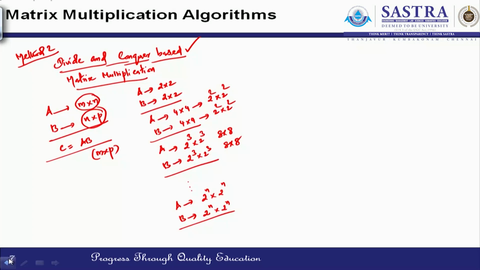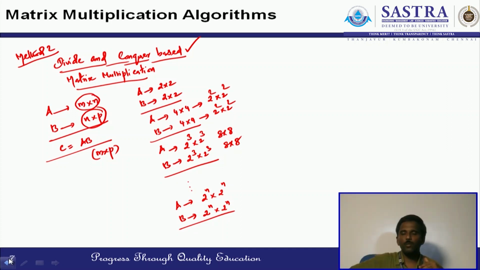Now in the divide and conquer based method, assume that the input matrices A and B are of order 2 power n into 2 power n, same order. In this case, we can easily split the matrix into smaller matrices or smaller problems. Once the input size reaches 2, we can apply the conventional matrix multiplication method.